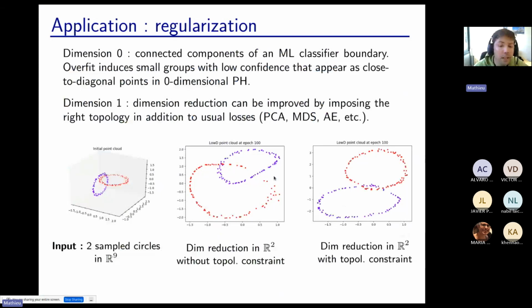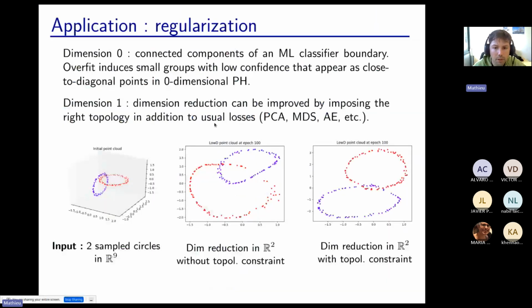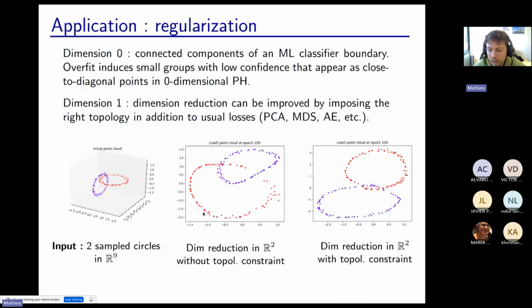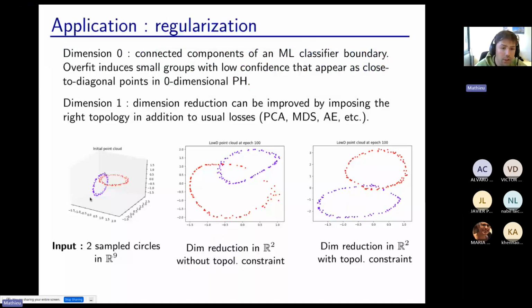But something you could ask in addition to the usual loss that the models try to minimize, whether it is the variance or the difference in distances, is to impose that the latent space in 2D has the same topology, in terms of persistence diagram, as the original space.